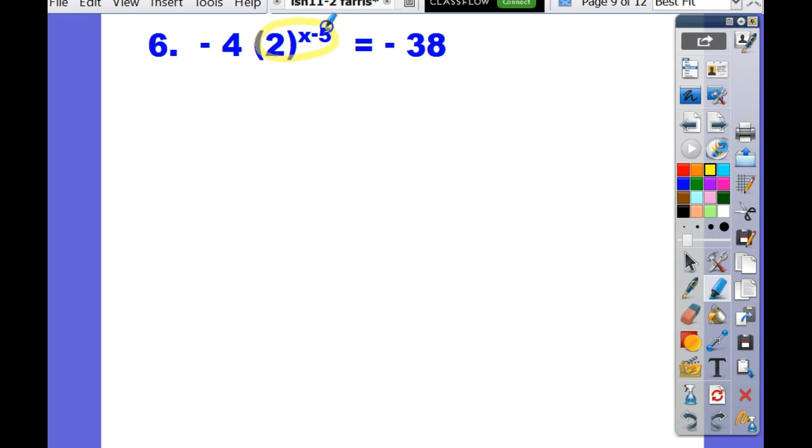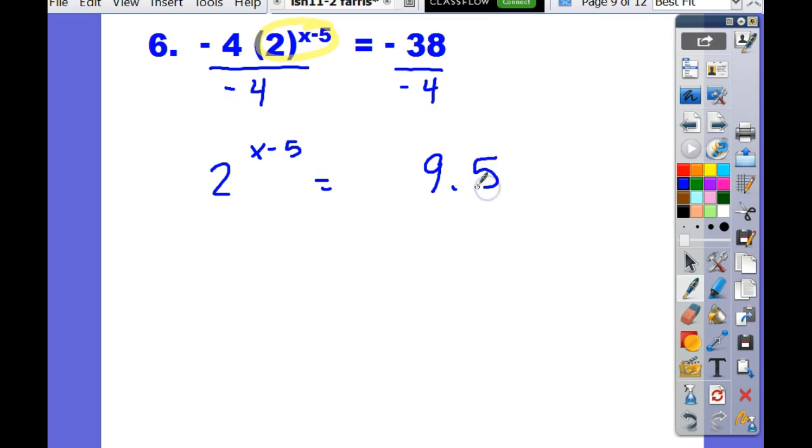Isolate the base. The 4 out in front is multiplied by the base. What is the opposite of multiply? Then, oh, what happened to the negative signs?